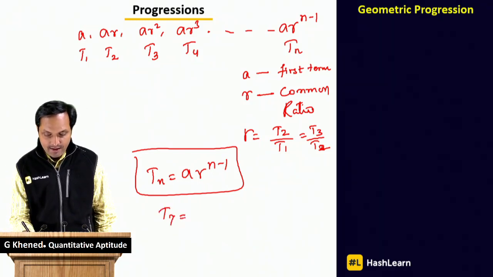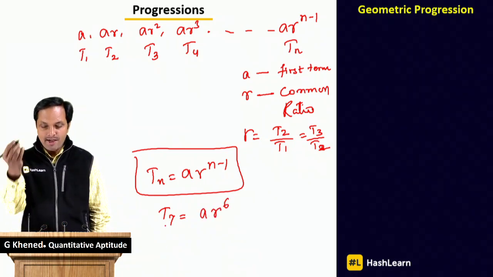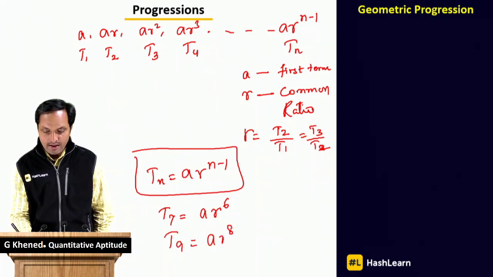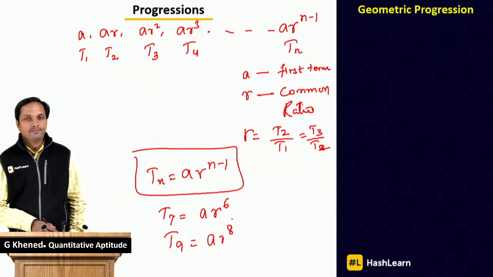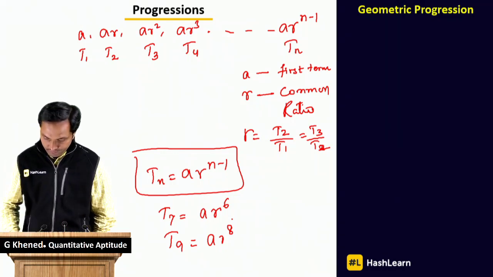Suppose they ask you the 7th term, you should write ar to the power 6. You should always write 1 less because 7 minus 1 is 6. If they ask you the 9th term, you should write ar power 9 minus 1, which is 8. Is it clear? So that is your general term.